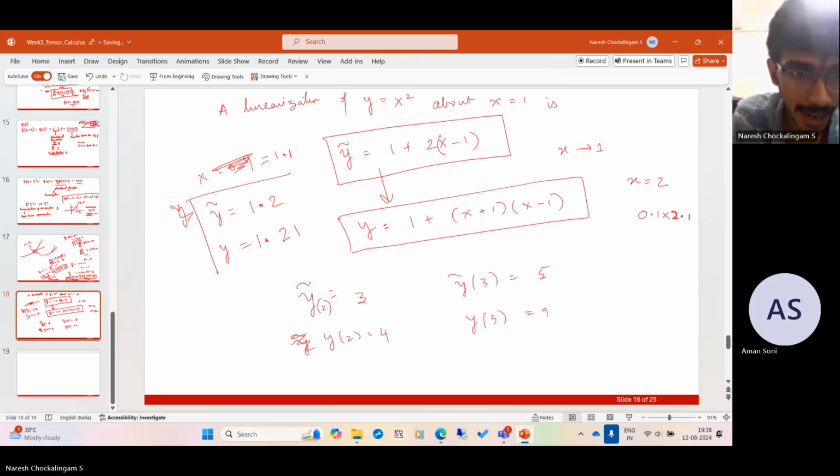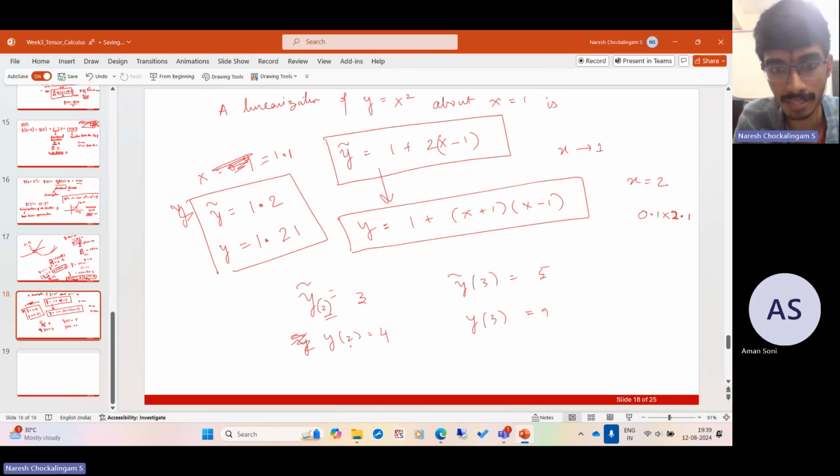So when x is very close to this point, the linear approximation is very good. You are approximating 1.21 by 1.2 in the vicinity of x equal to 1. But as you take values far away from x equal to 1, say x equal to 2 or 3, the difference between y tilde and y increases. So this is the idea of linearization.